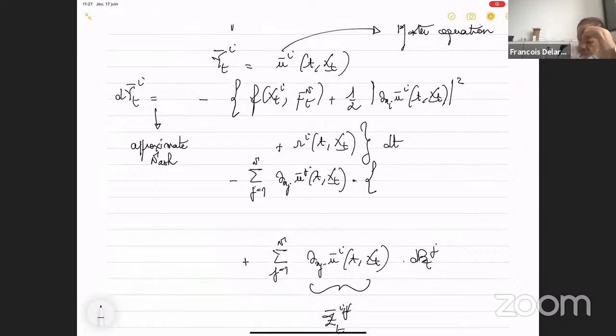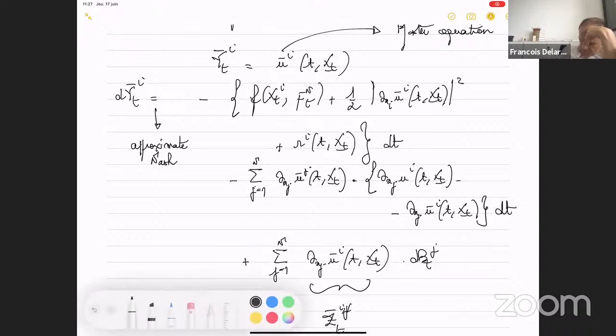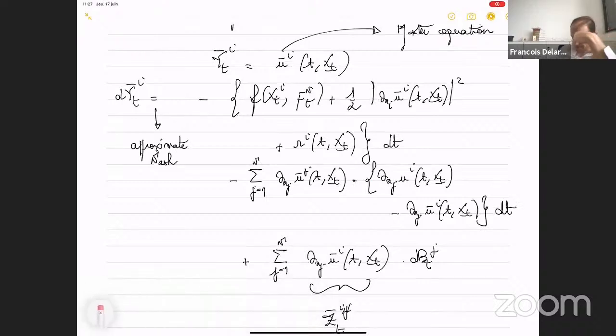So I should have dxj ui. Is it correct, this one? Yes, this is correct. x underline t minus, or minus here, dxj u underline t x underline t dt. So really it comes from the fact that this is a nonlinear equation that you expand.